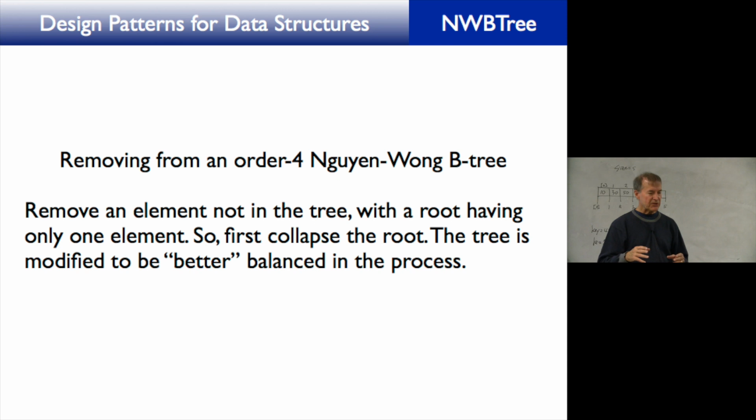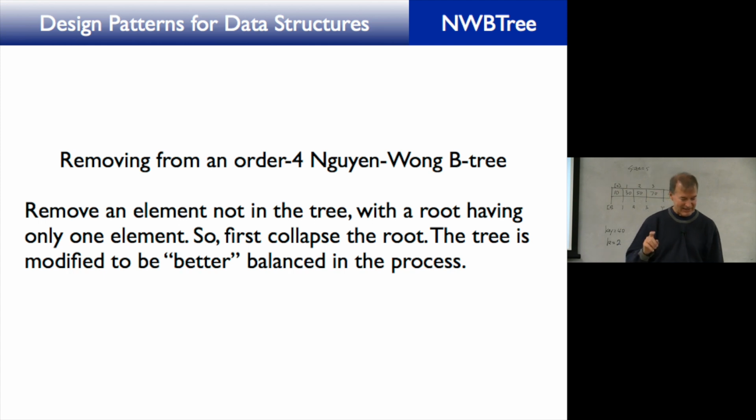It's possible that the tree will actually be modified in the process of trying to remove a key that is not in the tree. Because what happens is it pushes stuff down in anticipation, but then if it doesn't find it, the fix-up might change the tree. Now this is really interesting.